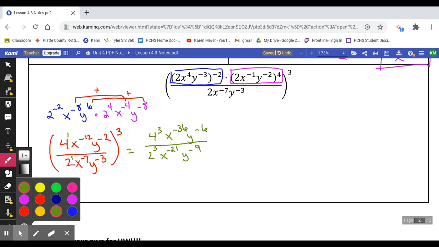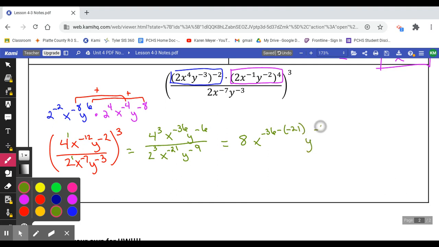So now on my calculator, I'm going to take 4 raised to the third divided by 2 raised to the third. And on my fabulous calculator, I get 8. And then remember, when you're dividing, you're going to subtract your exponents. So negative 36 minus negative 21.